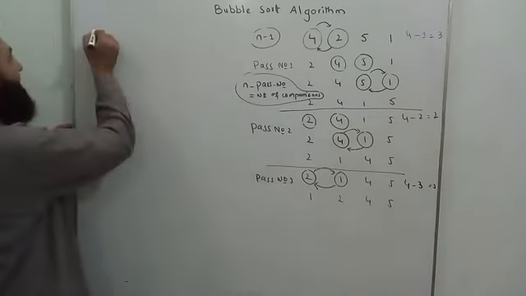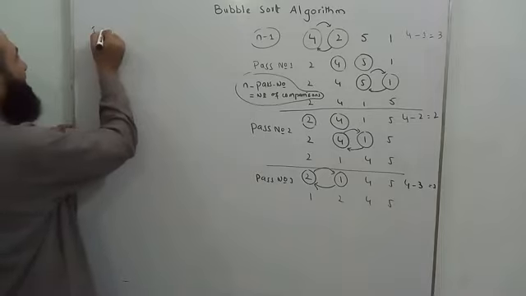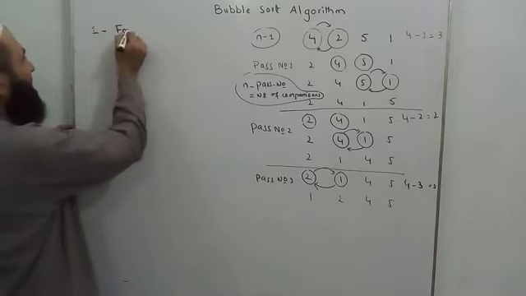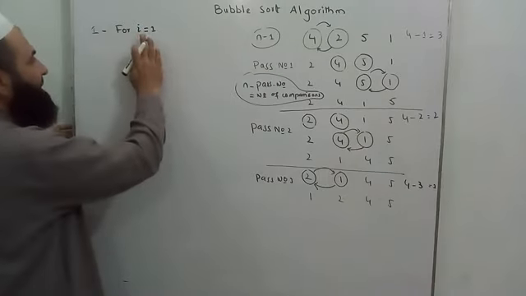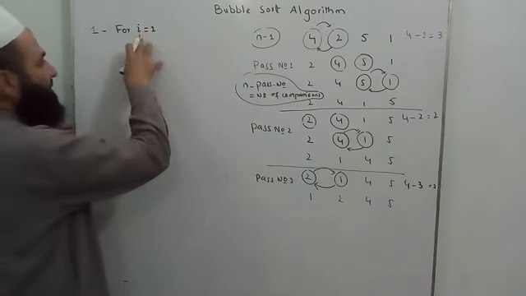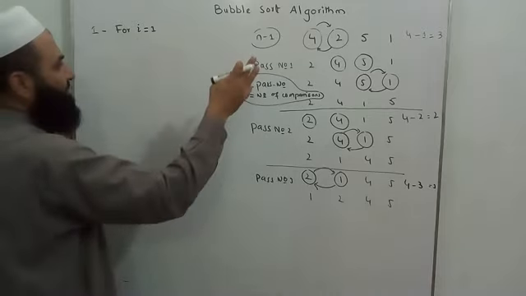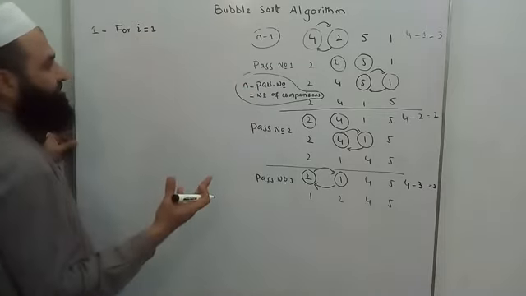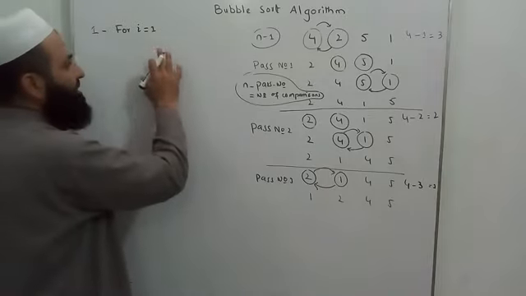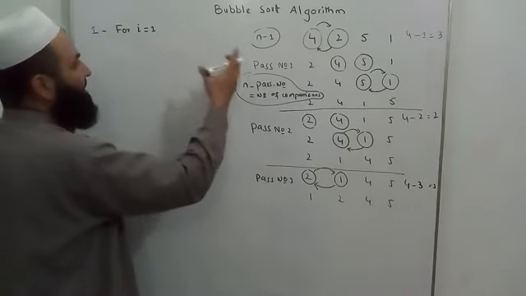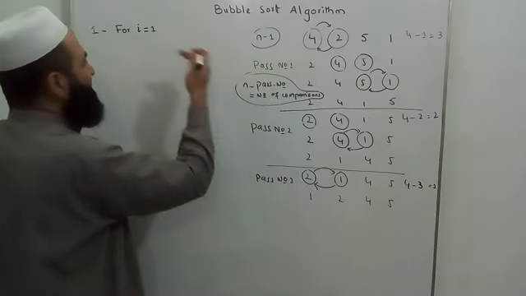So the first one is for I equals 1, because whenever we start the bubble sort algorithm, we will begin comparison from the first item.